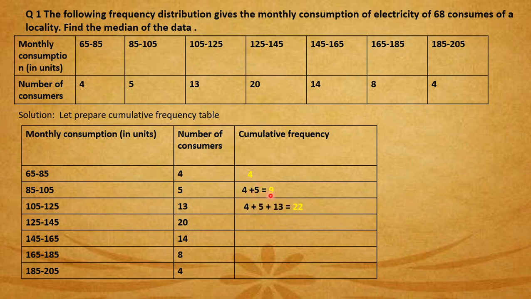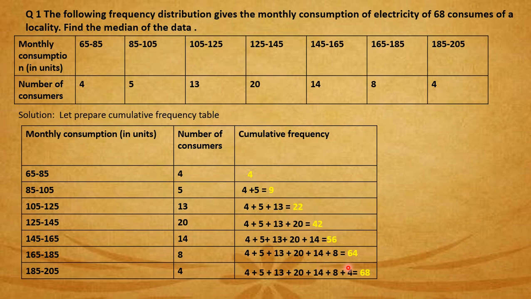In the next, 9 plus 13 is 22. In the next, 22 plus 20 is 42. Then 42 plus 14 is 56. Next, 56 plus 8 is 64, and next 64 plus 4 is 68.